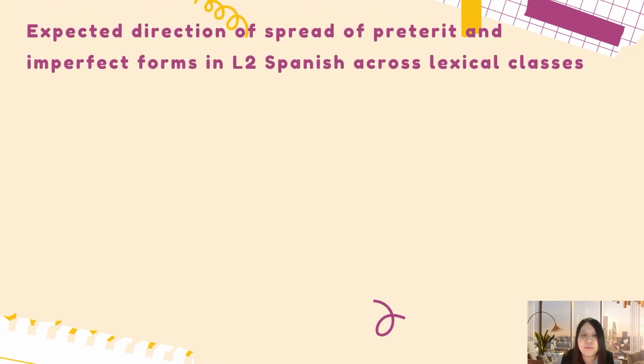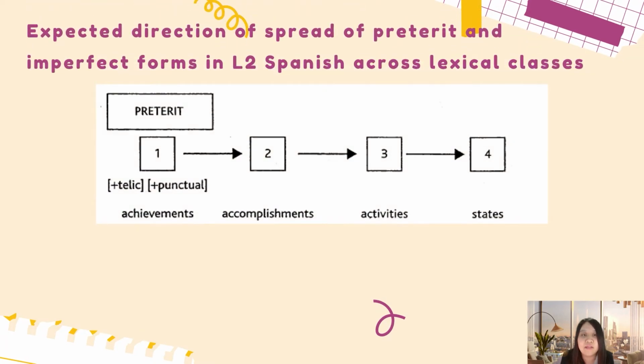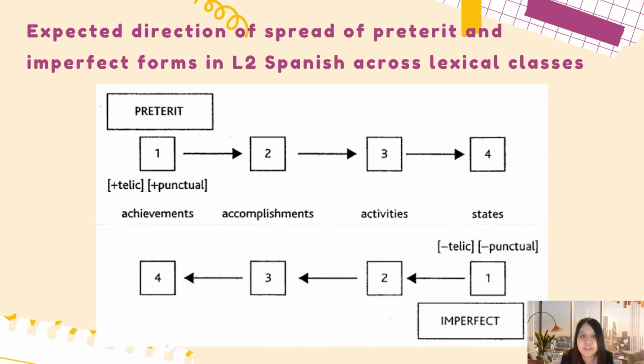They will start with the preterite, where the first will be the achievements, which are telic and punctual, and it will move on to the accomplishments, activities, and statives, while the imperfect sequence will start with the statives, the activities, the accomplishments, and the achievements.